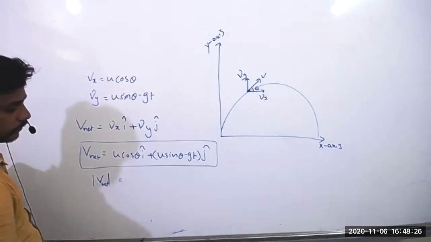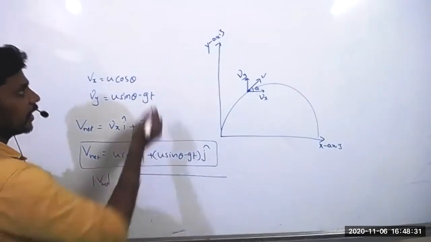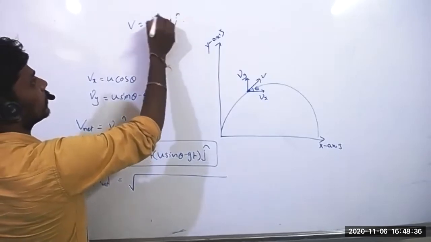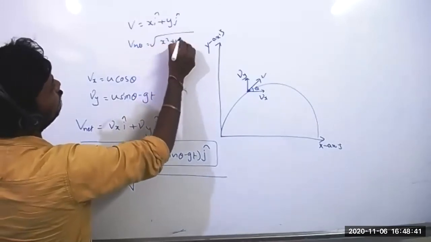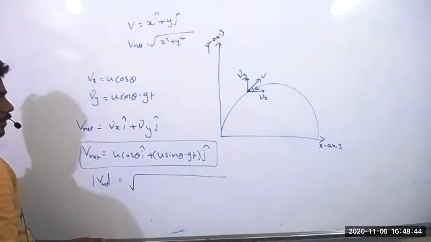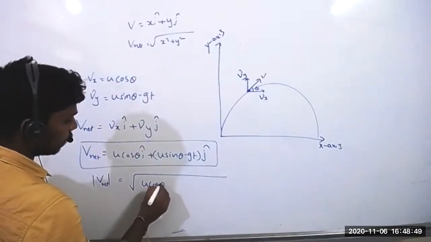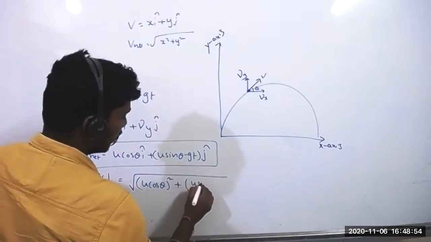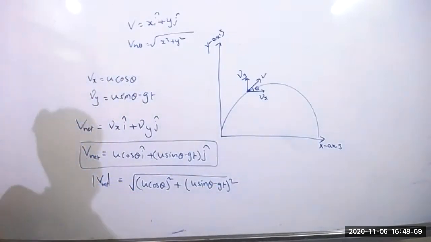Root over x square plus y square. Here v is equal to x i cap plus y j cap. When they ask for v net, it is root over x square plus y square. Only two things are there. So like that, if you write here, root over (u cos theta) whole square plus (u sin theta minus gt) whole square. Understand?